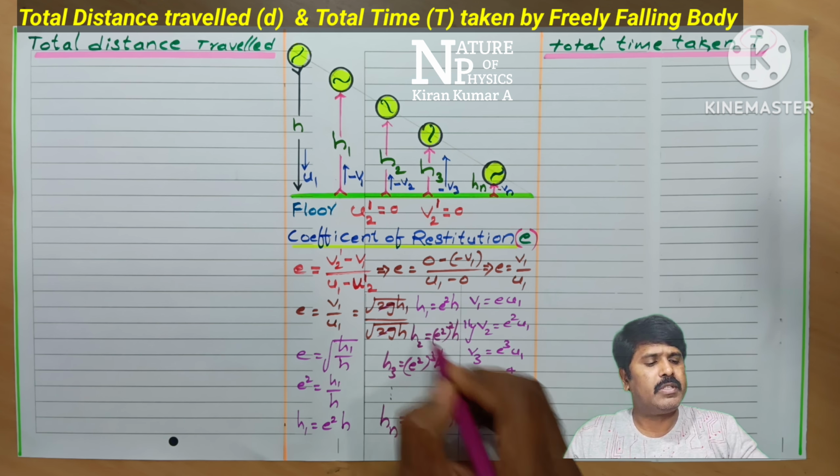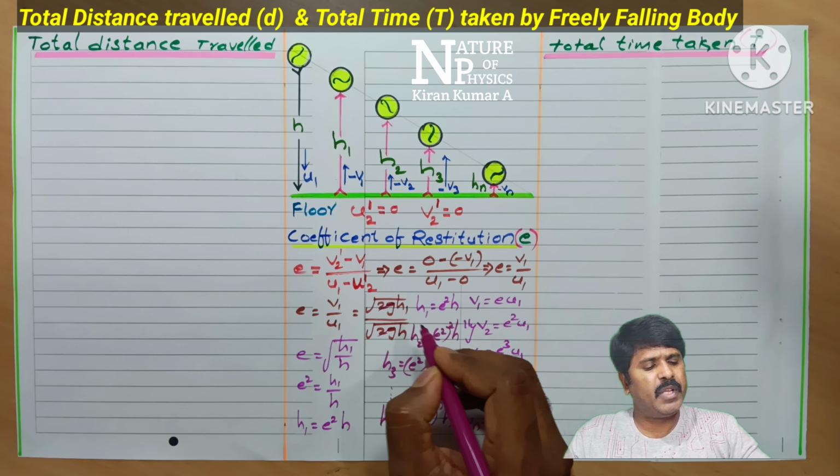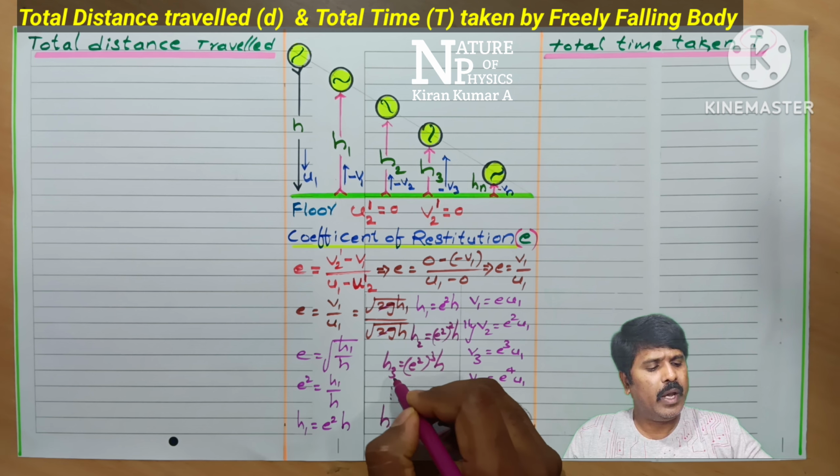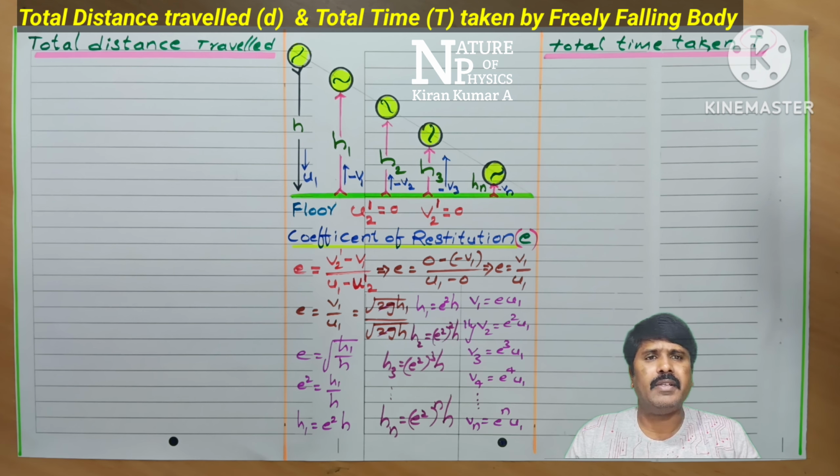Similarly I wrote this from the basic equation. So now we have h1, h2, h3, and so on up to hn.